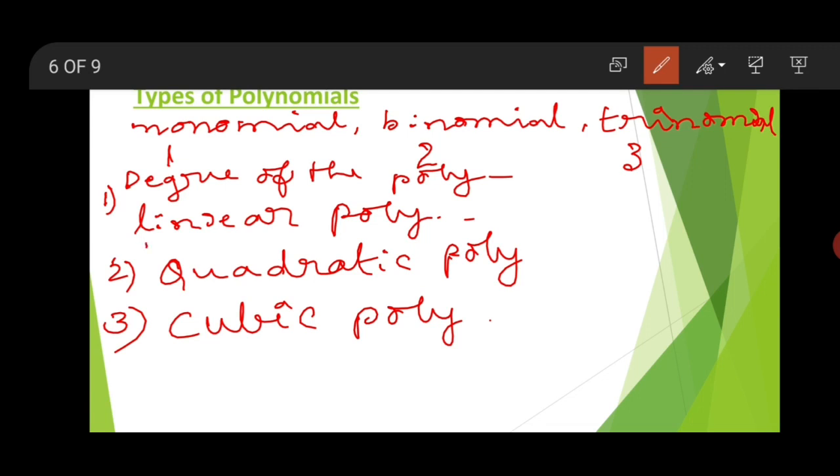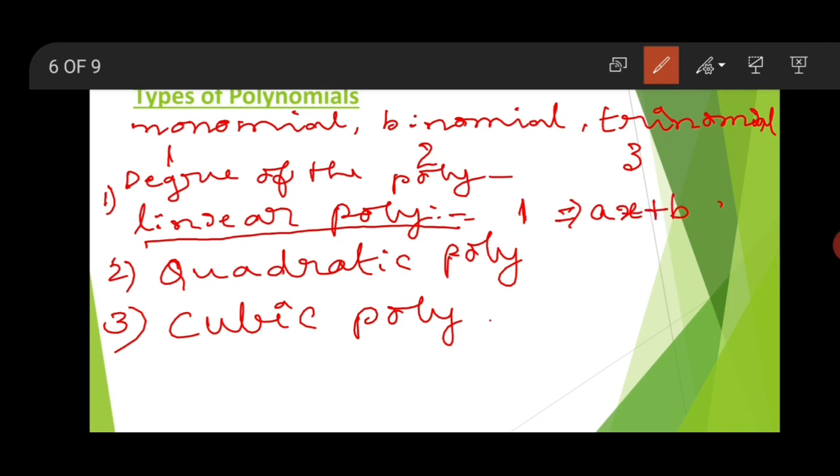Yes. What is a linear polynomial? Polynomials having degree 1 are known as linear polynomials, and the general or standard form of a linear polynomial is ax plus b.